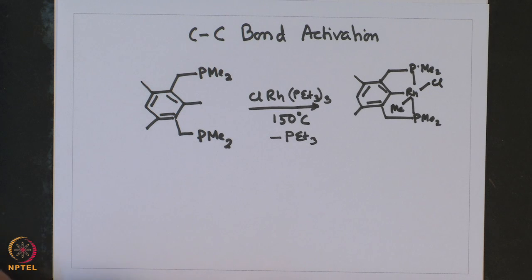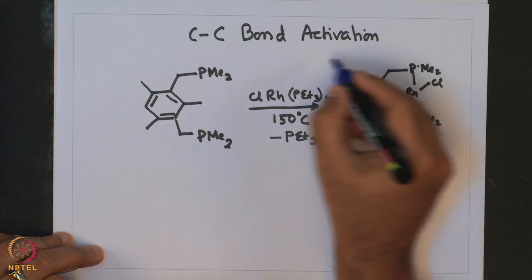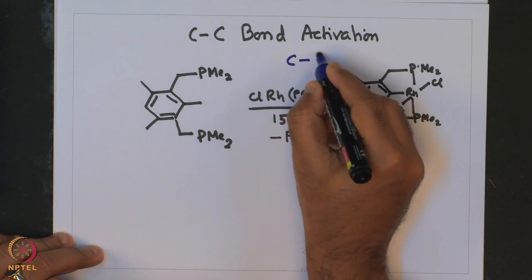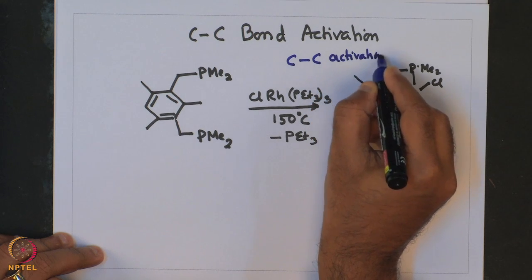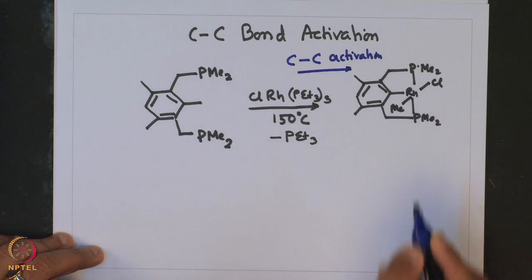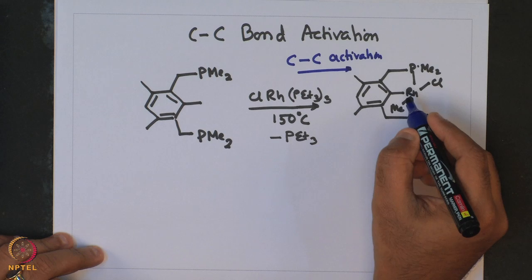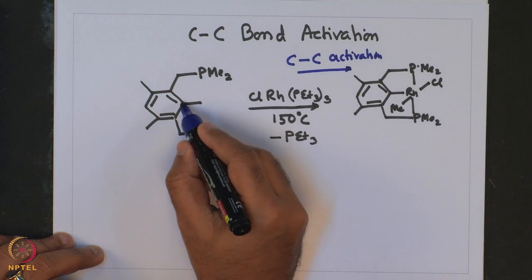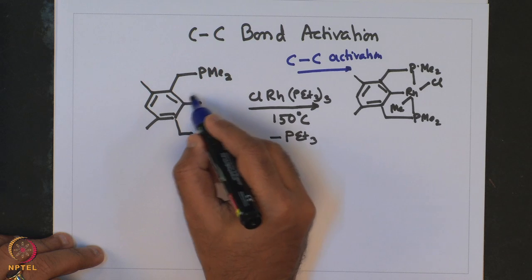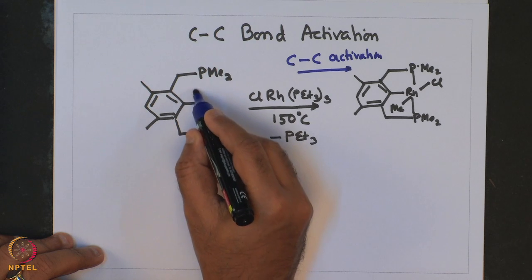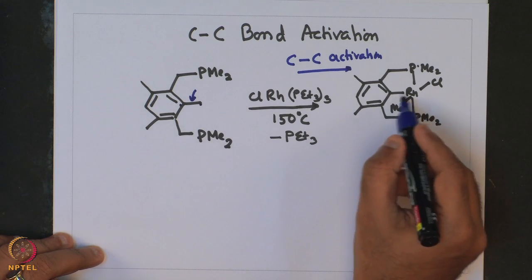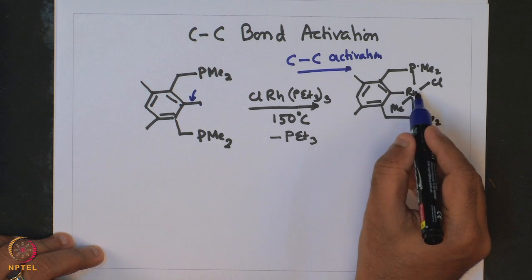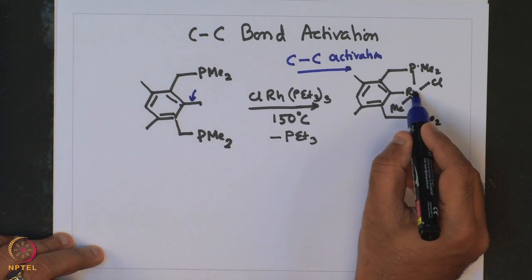Okay. So, this is a C-C activation occurring as the methyl bond or C-C bond between this benzene ring and the methyl gets cleaved and oxidatively adds to this rhodium.